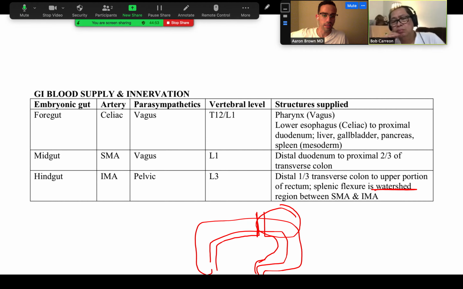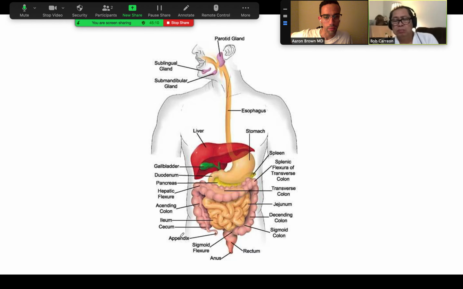Because these are towards the end of the line for both of those arterial supplies, this is the area where you end up having ischemia in the case of low blood pressure, a heart attack, or anything like that. That's what's meant by watershed area. When we talk about neurology, we're going to talk about watershed areas again. Here's just a nice diagram of our GI tract for you to look at and admire.